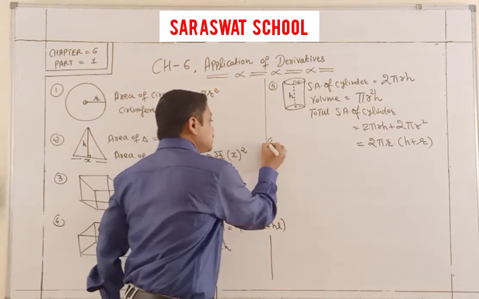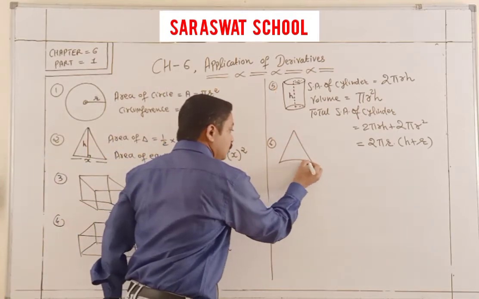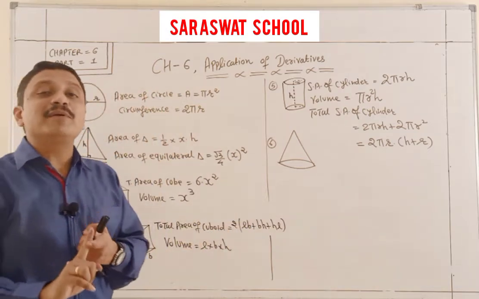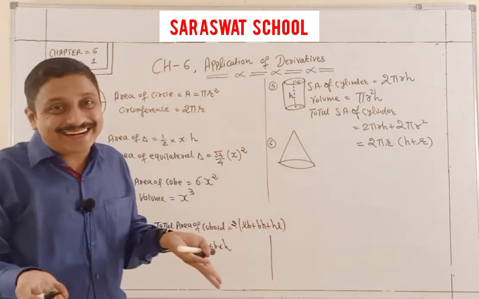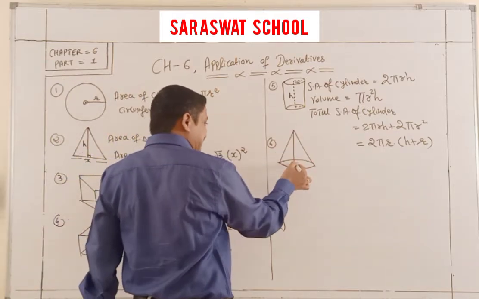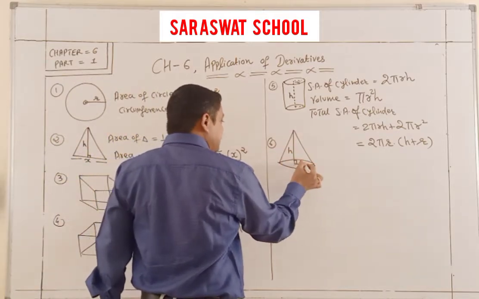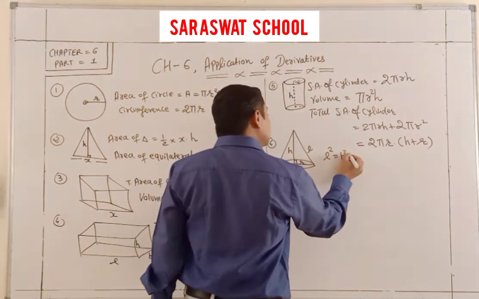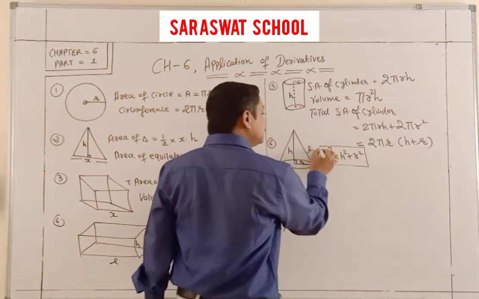Now sixth, the cone. You know students, a cone is one third of the volume of the cylinder. This is the height, radius, and slant height. In this, l square is equal to x square plus r square, an already known property.